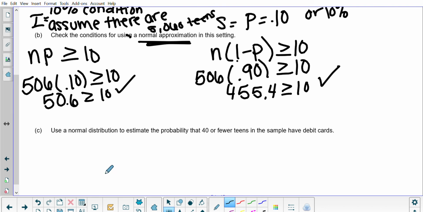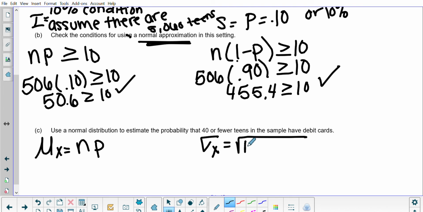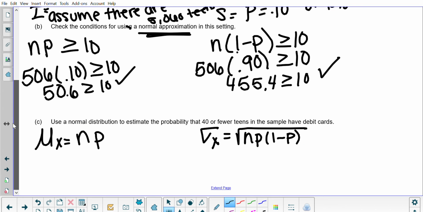Okay. In order to do this, remember, we need to find out what my mean is, and we can use this. And we need to find out what my standard deviation is. If you guys didn't do that, you wouldn't have been able to get your normal CDF.